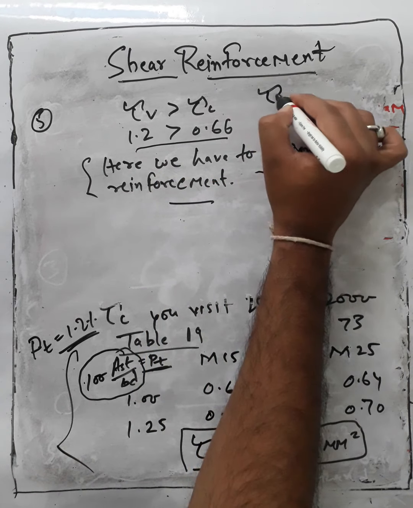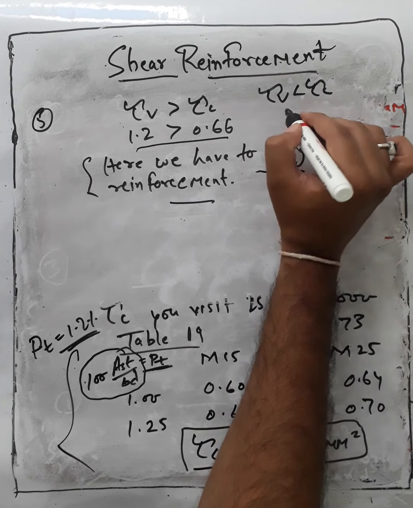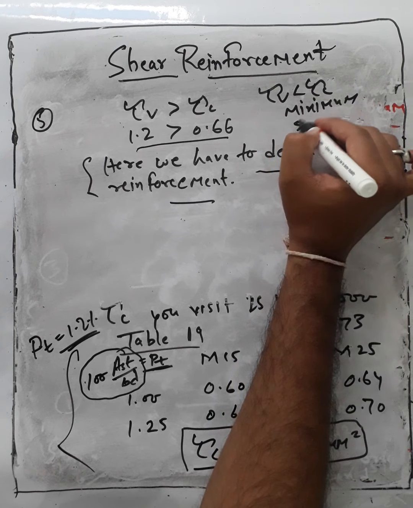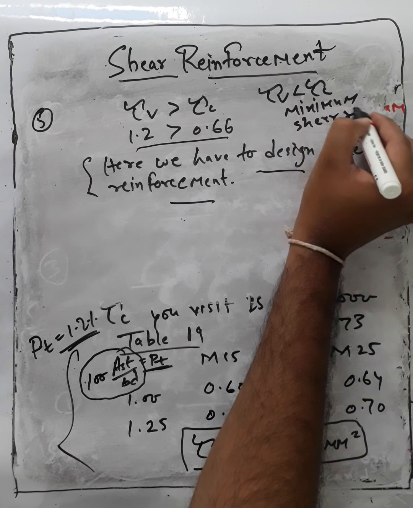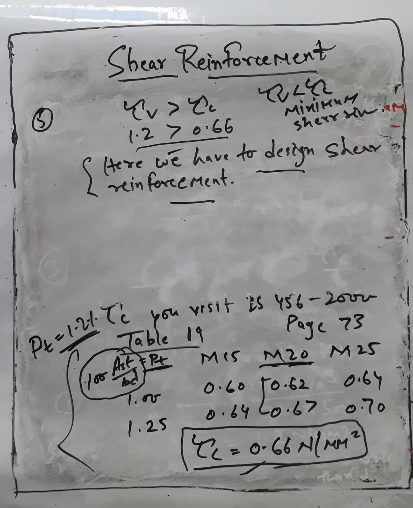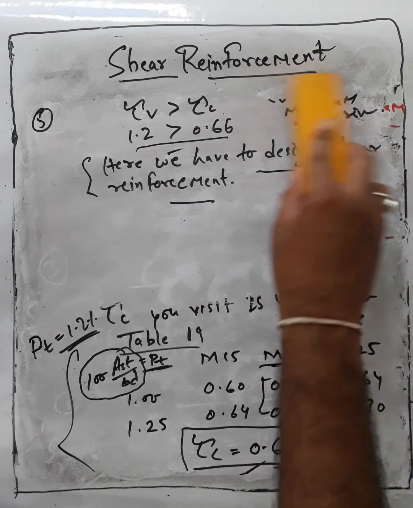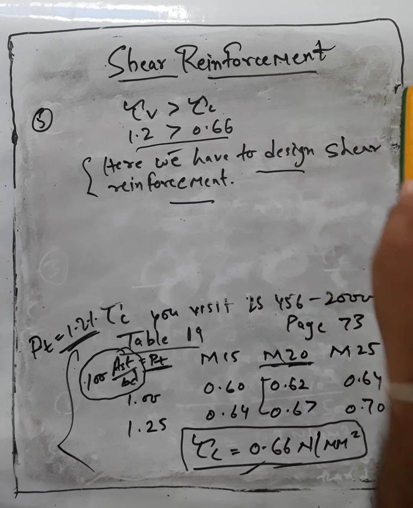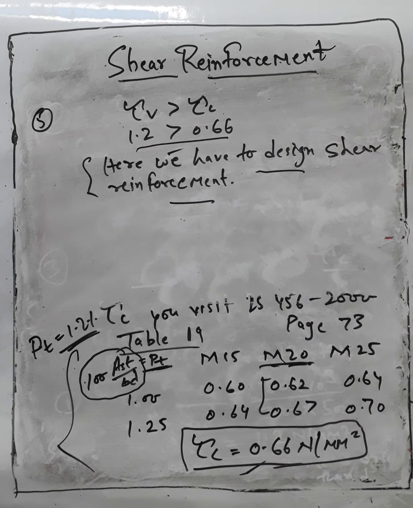If the condition is tau v is less than tau c, then it is designed for minimum shear reinforcement. But here we got tau v greater than tau c, so we have to design shear reinforcement, and we can design it in three forms: inclined, vertical and bent-up bars.